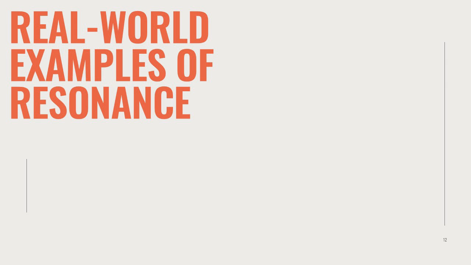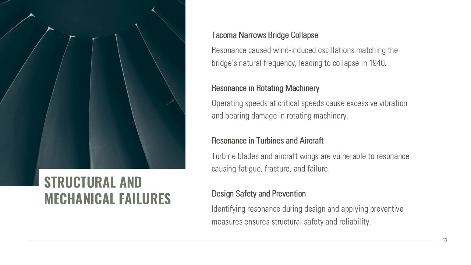Structural and mechanical failures: real-world examples of resonance. Resonance has caused numerous engineering disasters. A famous example is the Tacoma Narrows Bridge collapse in 1940, where wind-induced oscillations matched the bridge's natural frequency, leading to catastrophic failure.